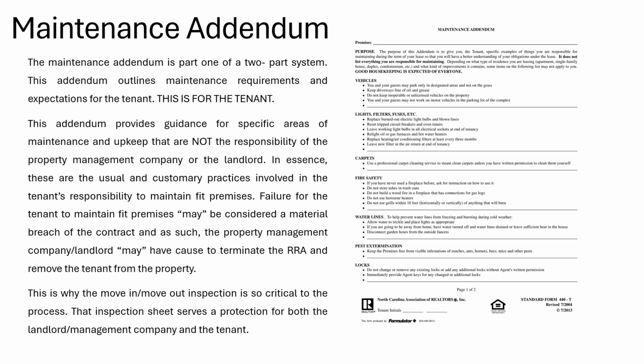But in the event it was something that they couldn't have possibly known, hey, these things help govern what you can do as a normal person, and it draws the line, okay? This right here is 2 pages long, and it covers everything from the vehicles to fire safety to locks to pests, okay?